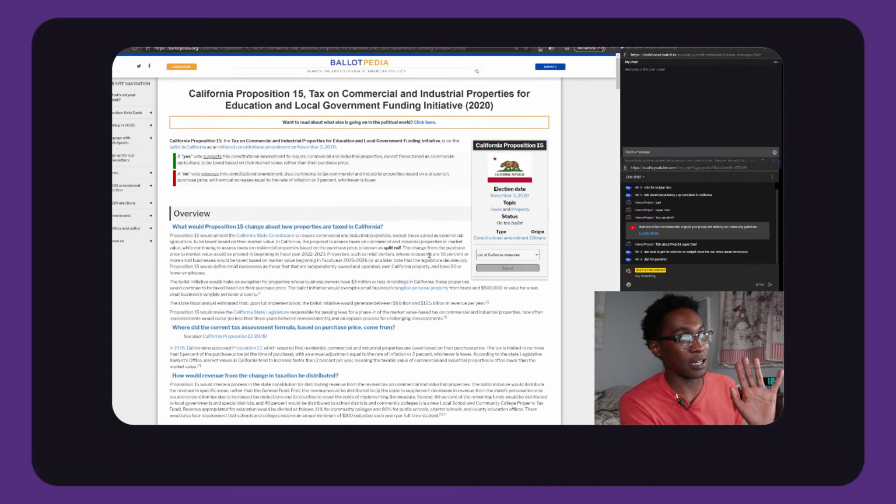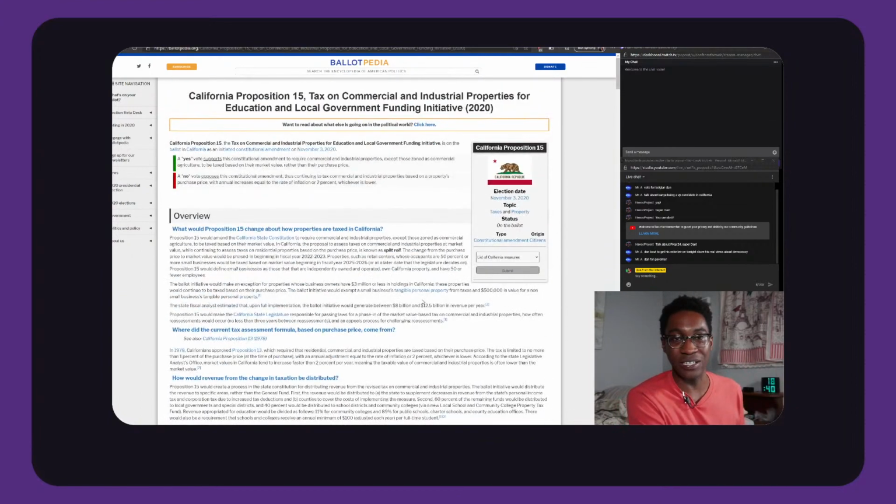Prop 15 doesn't really touch the good thing going on for California home buyers or homeowners, if you call that a good thing, whatever. But it doesn't touch anything involving that. So don't buy into any fear mongering about that. It's mostly targeting commercial industrial properties, having them pay more property taxes so that we can fund our schools and compensate for taxes that were cut other places.